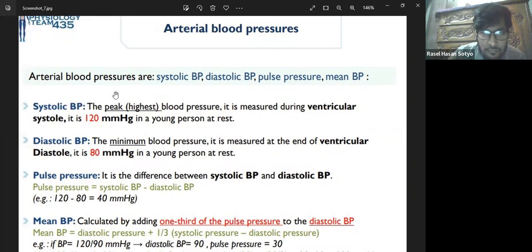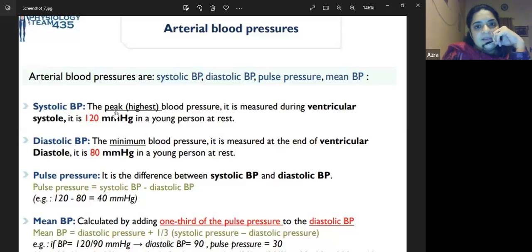Systolic BP is the peak, highest blood pressure, measured during ventricular systole. It is 120 in a young person at rest.